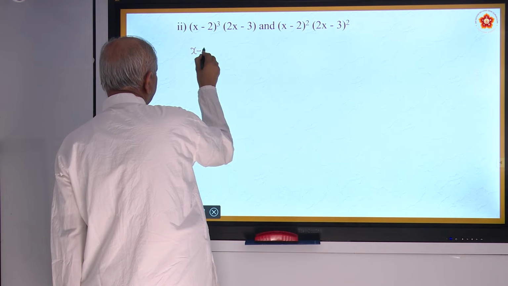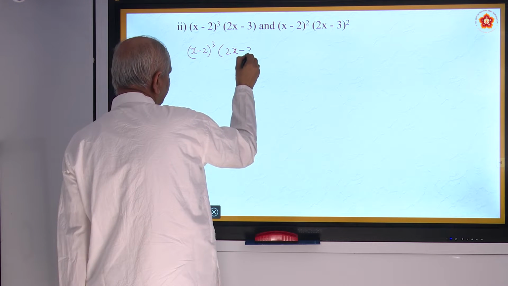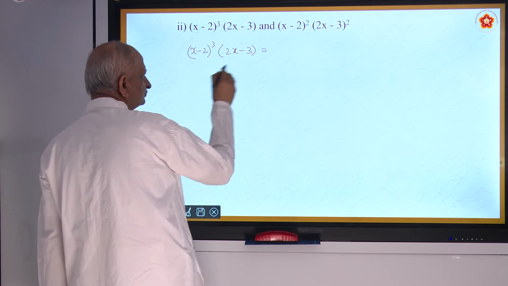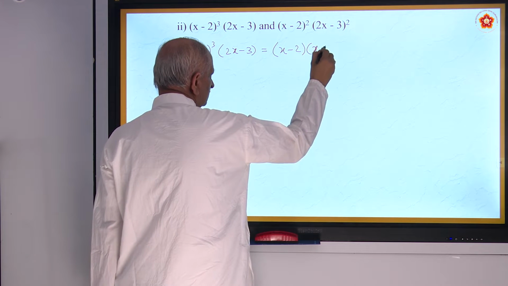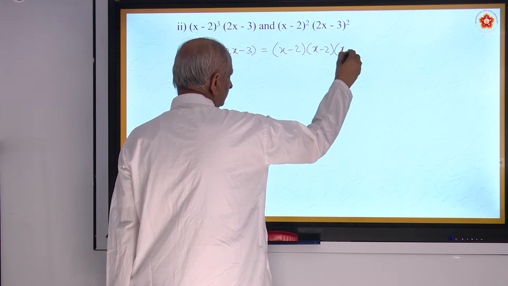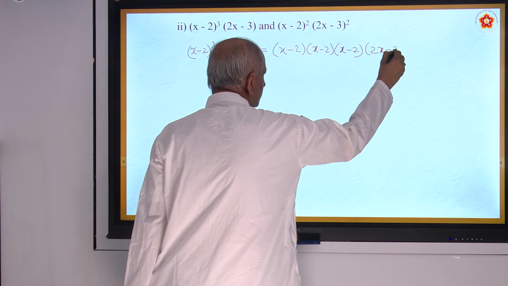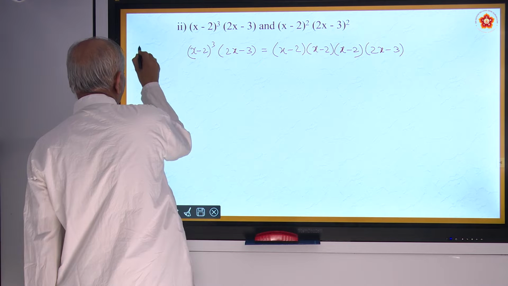So (x minus 2) whole cube into (2x minus 3) means, what are the factors? x minus 2, how many times you must write? 3 times you must write, into 2x minus 3. So these are the factors.